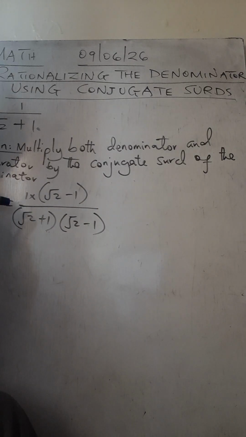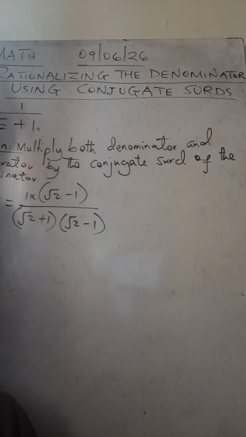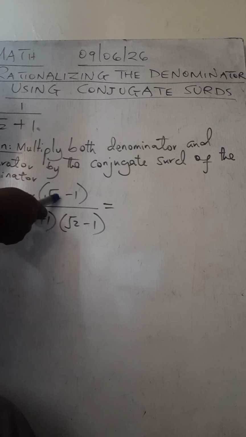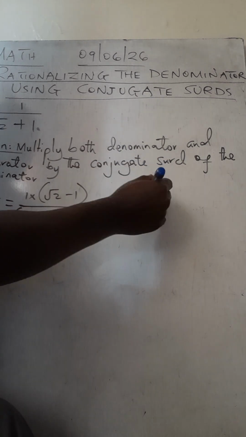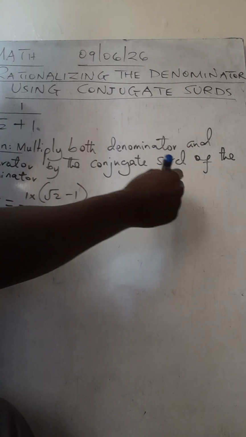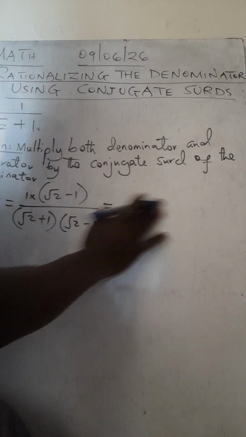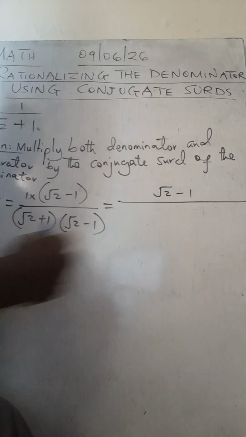I have multiplied both numerator and denominator by the same thing. Okay? And then we open those brackets. 1 times root 2, you get root 2, minus 1 times 1 is 1. So we have root 2 minus 1 on the numerator.